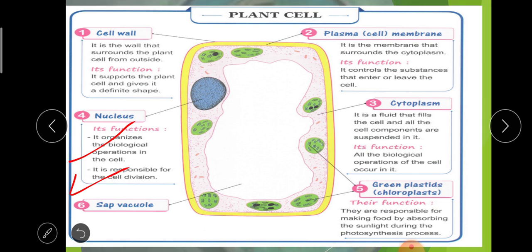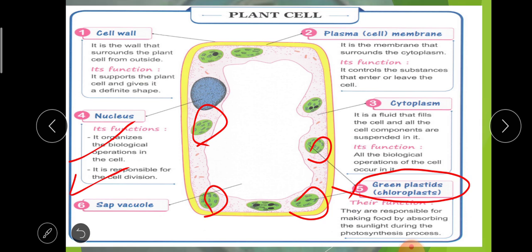After that, the green plastids or chloroplasts. Green plastids are the factory of the cell which makes the food by absorbing the sunlight. This is the green plastids.